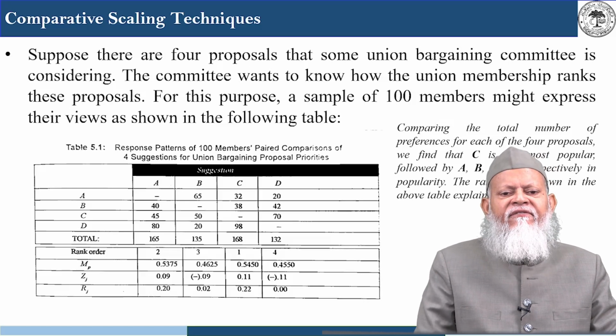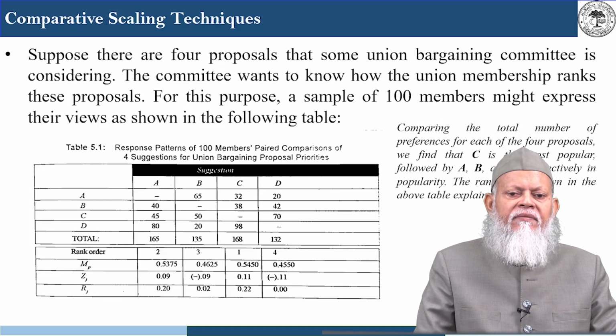So, suppose we have 4 proposals that some union bargaining committee is considering. The committee wants to know how the union membership ranks these proposals. For this purpose, a sample of 100 members might express their views as shown in the following table.